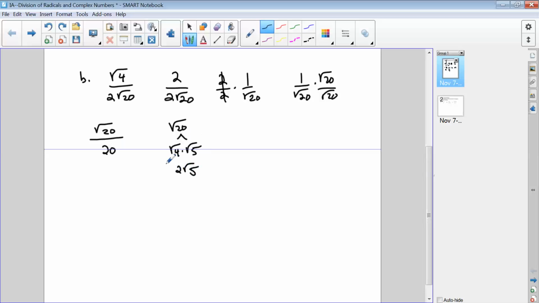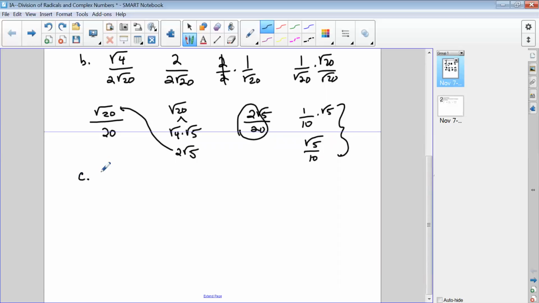So I get 2 times the square root of 5 divided by 20. Simplifying 2/20 gives 1/10 times the square root of 5, or the square root of 5 divided by 10. Either one of those would be a simplified form.